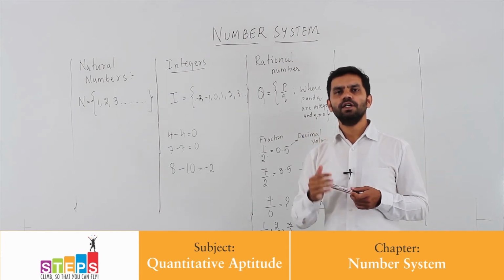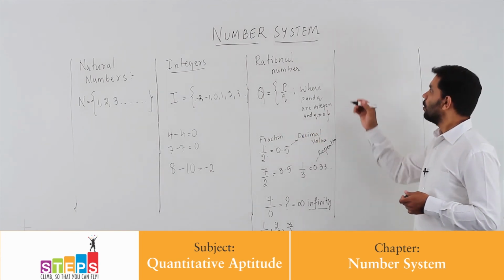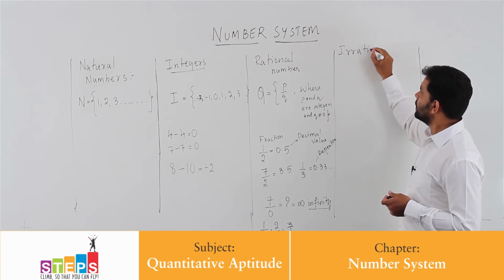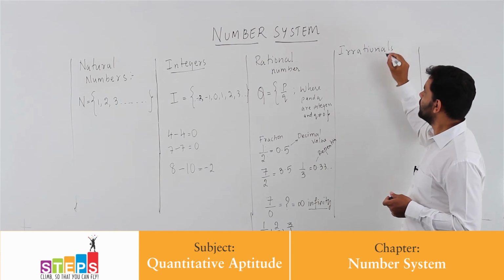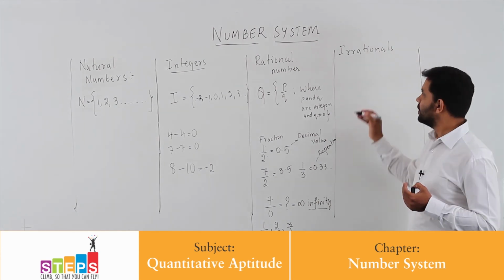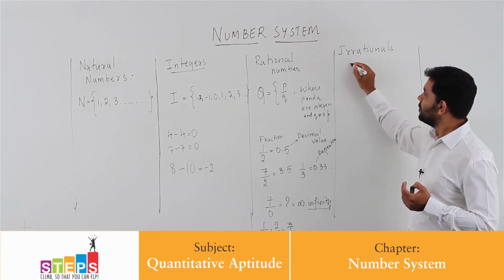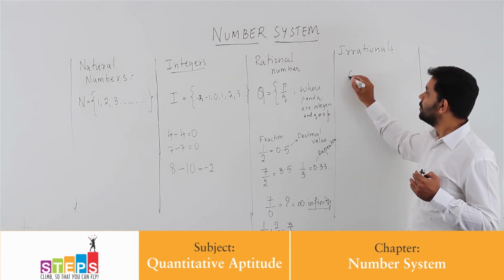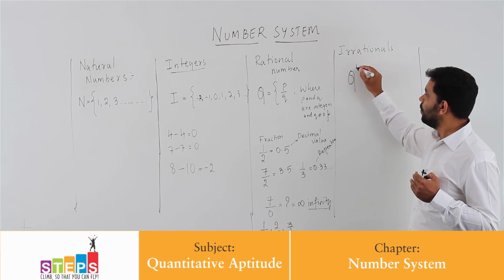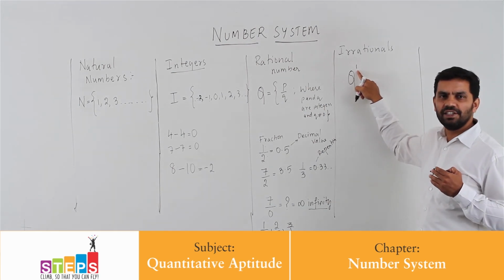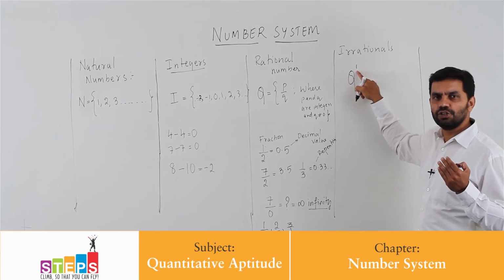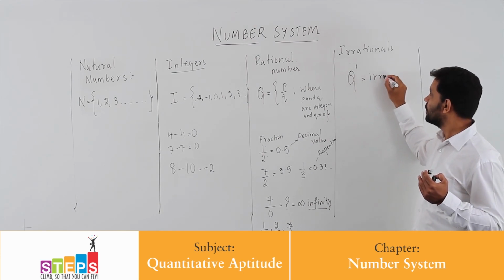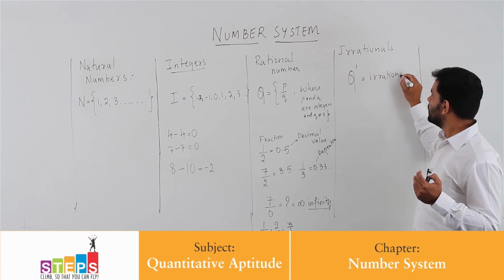Let us move on to another number system, which we call irrationals. What do you mean by irrationals? Irrationals are nothing but the numbers which are not rationals. It is denoted by the letter Q with a dash, Q dash. Q dash are nothing but irrationals. Now, what kind of numbers are these?